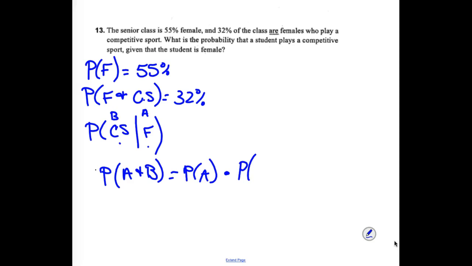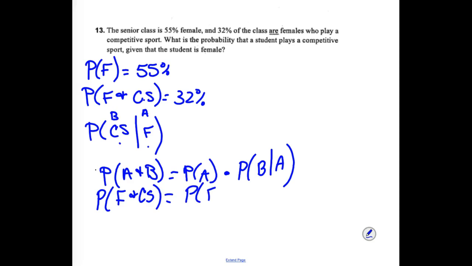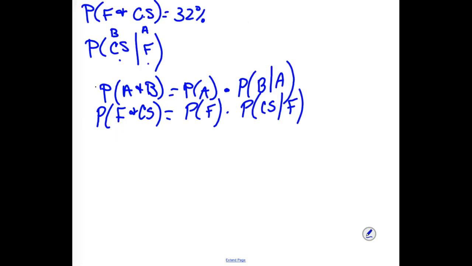Probability of B given A. Yes? All right, so plugging in what we know. Probability that they are female, that was event A. All right, probability they were female was 55%.